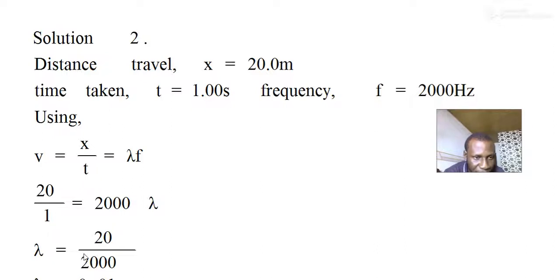We solve by dividing both sides by 2000, or we cross multiply, then divide both sides by 2000, that will give wavelength as 20 over 2000. In the end we get 0.01 meters as the answer. I know you are working it out yourself as a learner. Please do well to confirm all the substitutions.